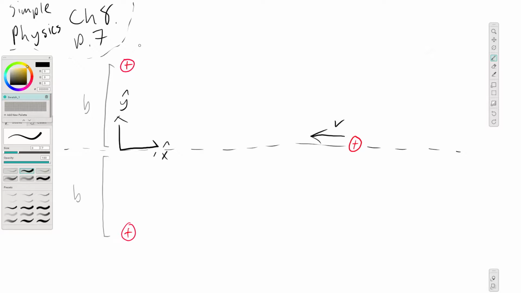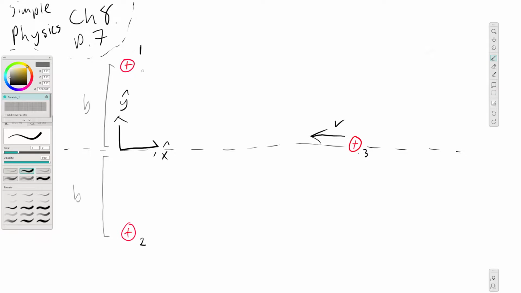Drawing the first one, we're going to call this charge 1 and charge 2. We're going to draw F of 1 on 3. So I'm going to label these in gray so it doesn't get too cluttered.